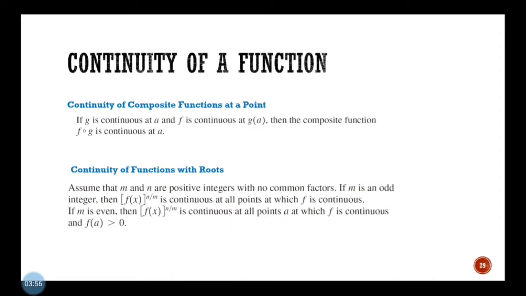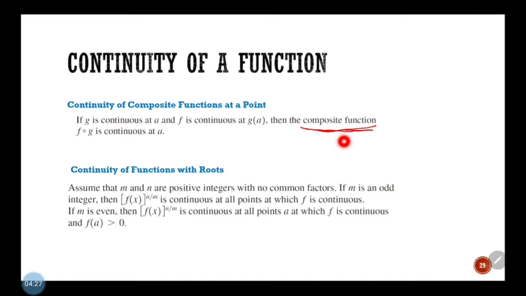Okay, and then we have continuity of a composite function at a point. Okay, if g is continuous at a and f is continuous at g(a), then the composite function f composite g is continuous at a. Composite function, kalau tak silap dalam bahasa Melayu dulu, you all panggil fungsi gubahan, betul tak?